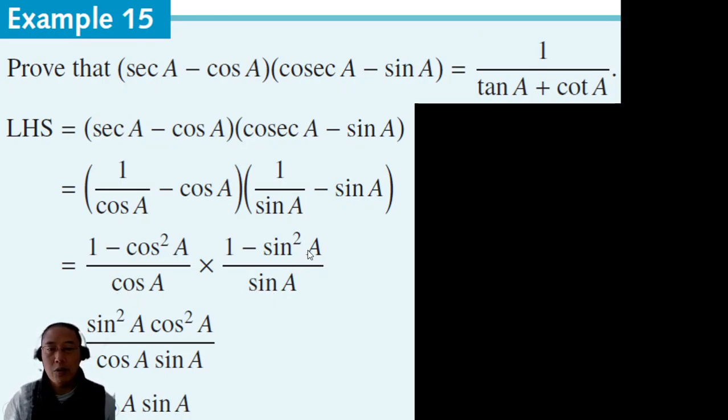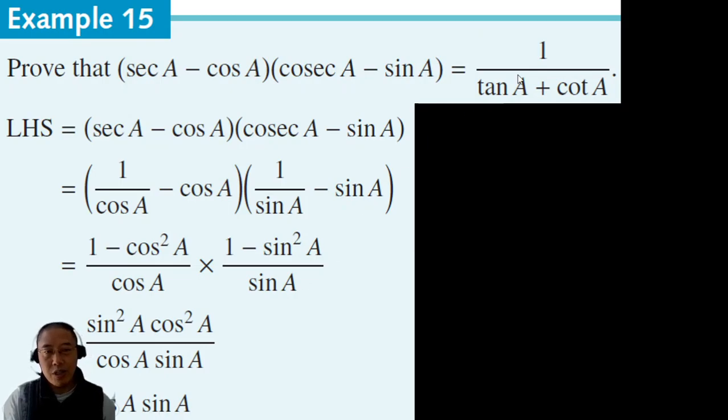It's a product, so we can multiply them together. For the numerators, you multiply the numerators and simplify the terms. What you will get is that equivalent. Now that's simplified to cos A sine A.